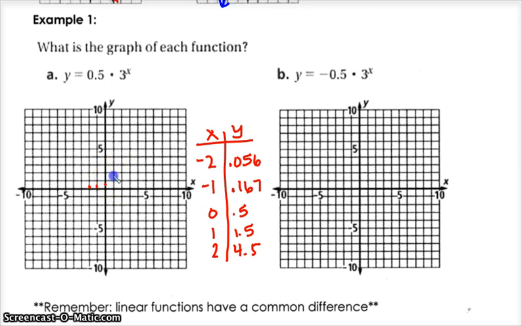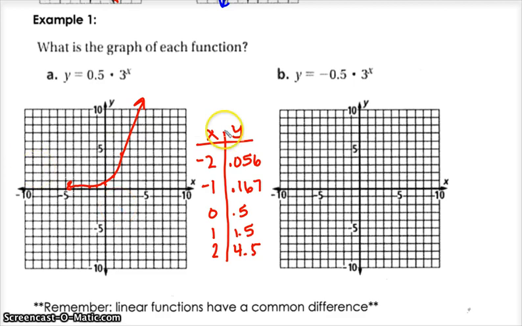And then at 2, I'm jumping way up to 4.5. So you can see as those x values are increasing, the y values are going to increase more rapidly. So if I connect these points, it's very, very close to the x-axis, and then it's increasing quickly. And I have an arrow on both ends to show that that graph extends in both directions.